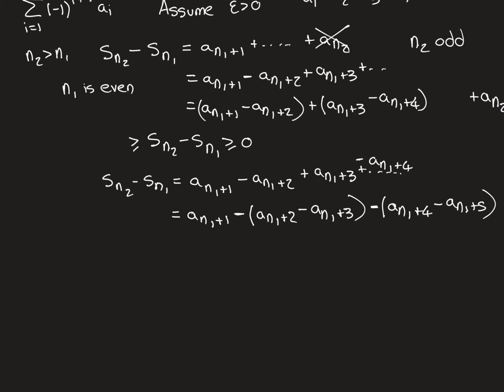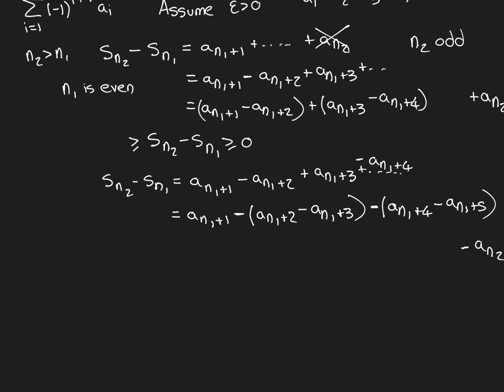If, on the other hand, you've got an even number of terms, then the final term along here, that a_{n2}, is going to be on its own, not paired with anything, but it's okay because it's going to have a minus sign out the front, so it's still going to be one of these examples where you're subtracting something off. So everything that you're adding on after this is actually subtracting off something.